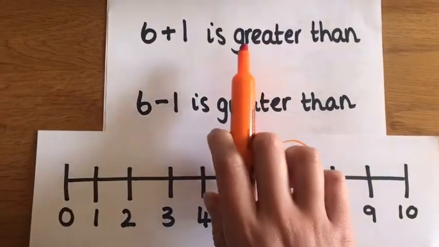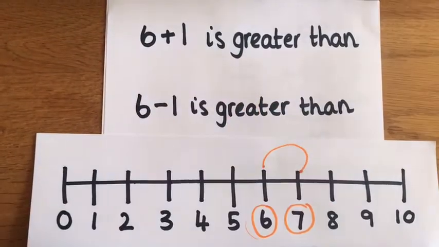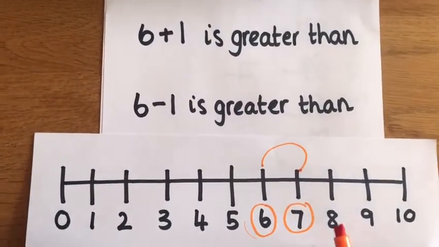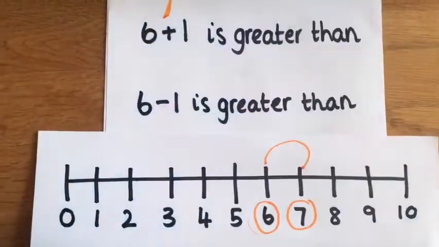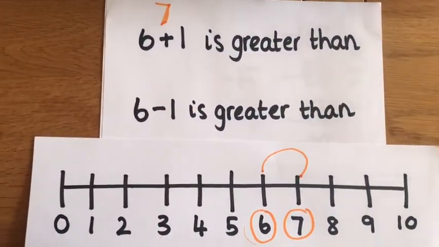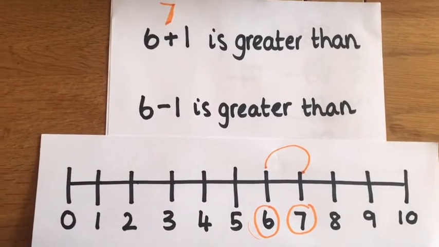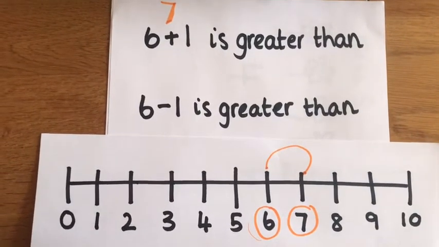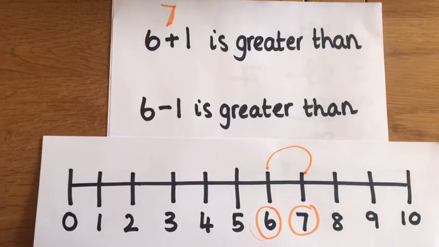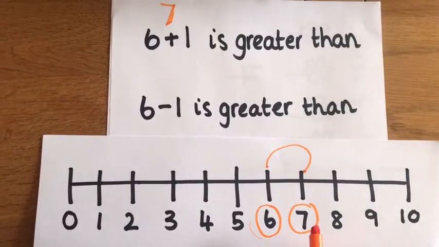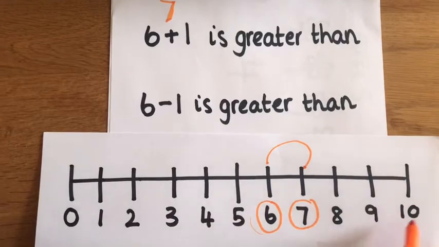But we need to find what it is greater than. So we're basically saying 6 add 1, which another way of saying that is 7, is greater than, so it's bigger than something else. So I need to find something that's smaller or less than 7. If I need to find a number that's less than 7, is it going to be one of these numbers?